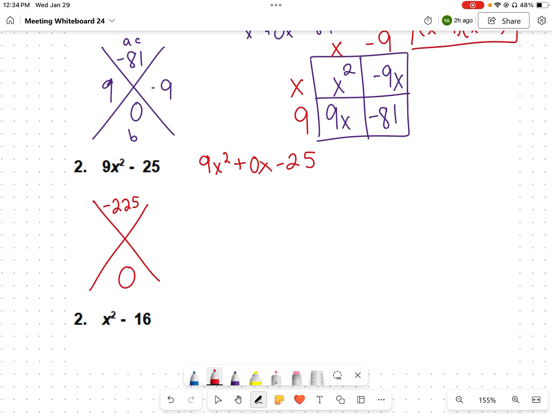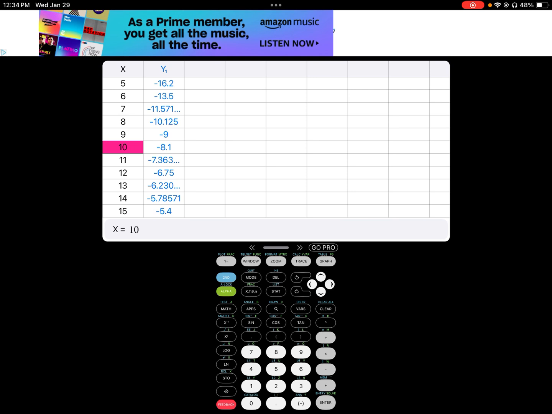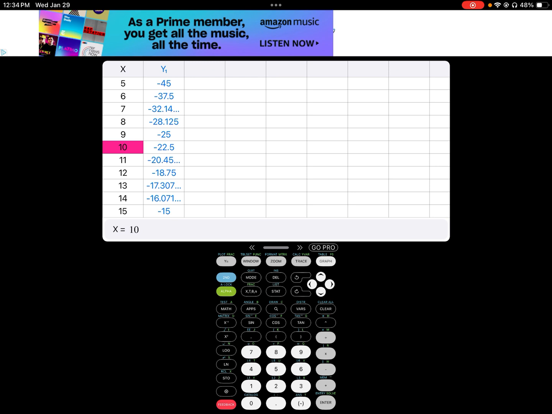So go to your calculator, and we are going to put in negative 225 divided by x. And then go to our tables. And remember what we need? We need them to add up to 0. So it needs to be the same numbers. So where is it the same?